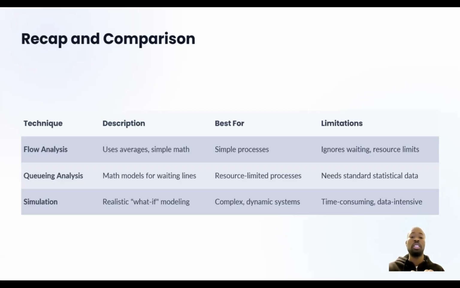Its limitation is that it needs statistical data. And lastly, simulation, which is computer-based modeling for realistic what-if tests, and is best for complex and dynamic systems. Its limitation is that it's data intensive and time consuming. So each method has its place, from quick estimates to detailed forecasting.